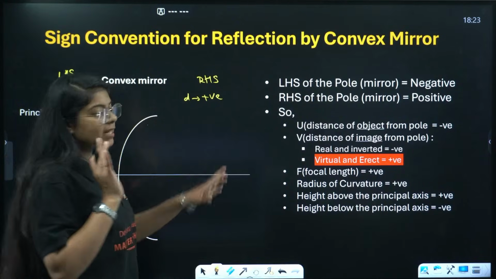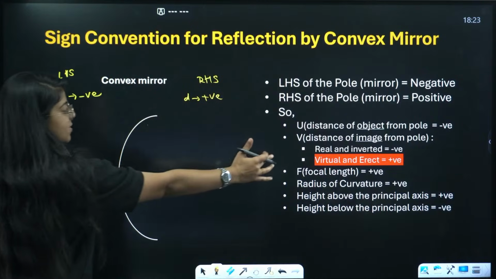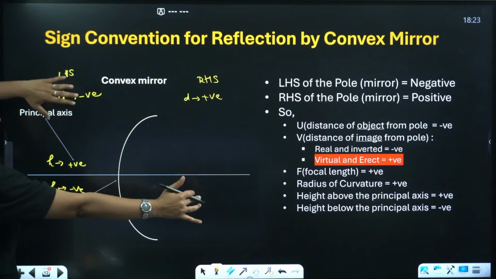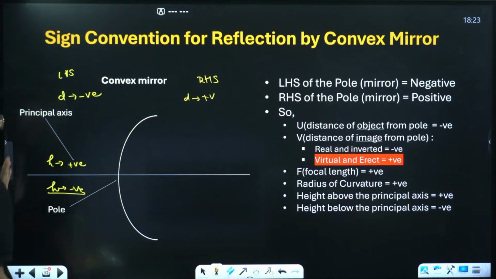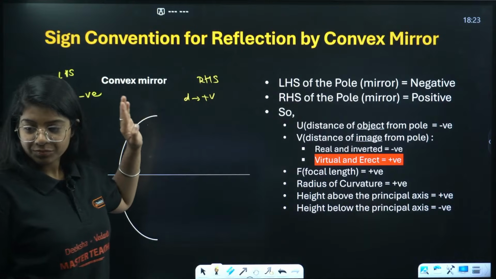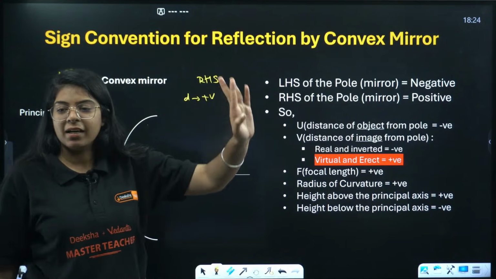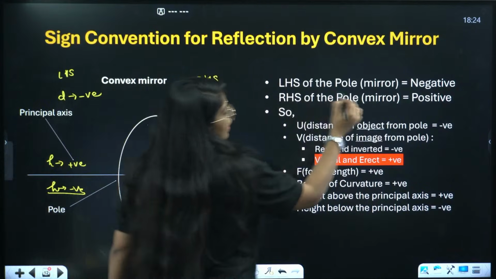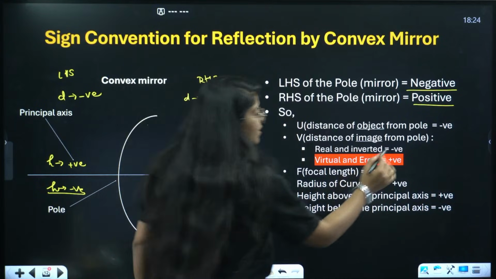ओके, let me explain convex mirror to you. ठीक है, left hand side of the mirror, right hand side of the mirror. Left hand side distance is negative, right hand side distance is positive. Above the principal axis height is positive, below the principal axis height is negative. I'll get back to your question. हाँ जी exactly. In lens अभी देखेंगे. ठीक है, so left hand side negative, right hand side positive. U is always negative.